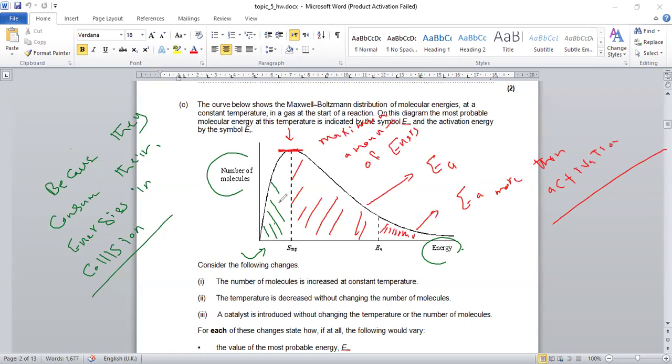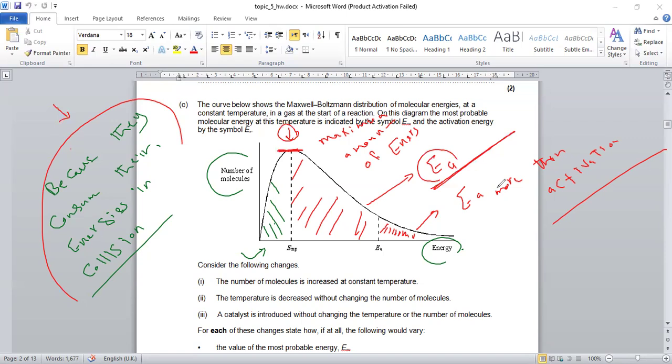Firstly, all the molecules have low energy because they start collisions and consume their energy in collision, until we have three categories: the peak of molecules which have the maximum amount of energy, followed by this area which expresses the molecules which have exactly the activation energy, and this small area resembling molecules which have much higher than the activation energy.